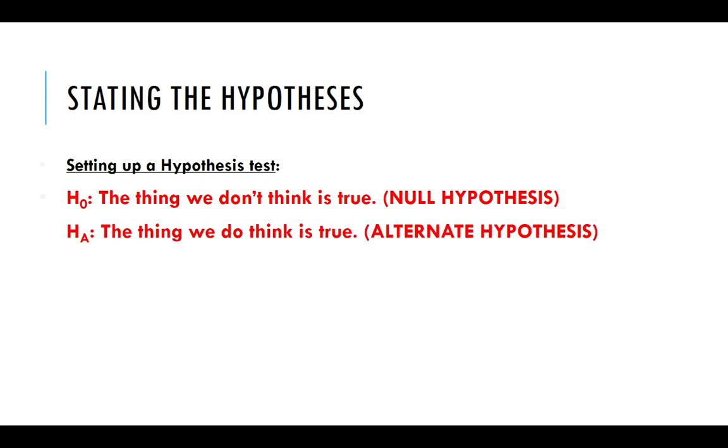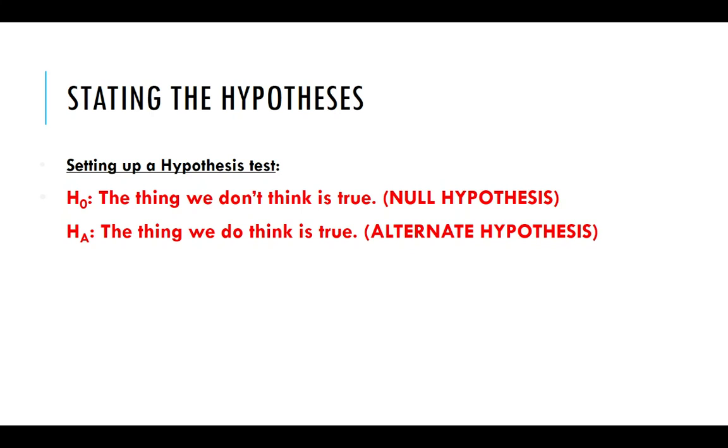Then our alternate hypothesis, H subscript A, is the thing that we do think is true. That's our combination. So our hypothesis test really is two different statements, but they have to be mutually exclusive, right? Something can't meet both the first and the second part of that hypothesis.